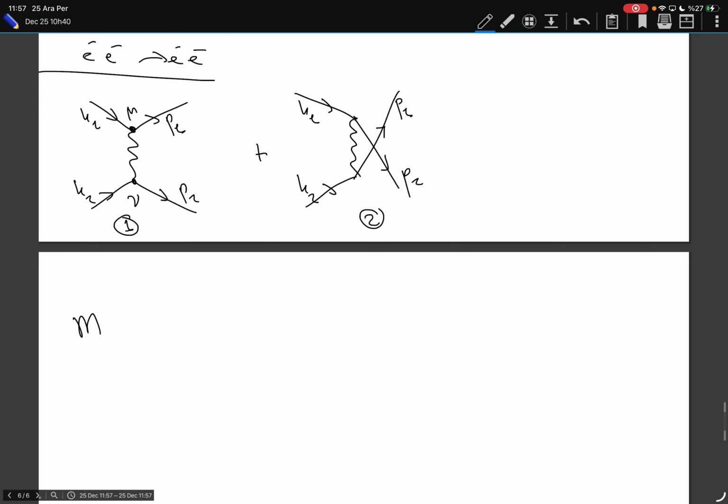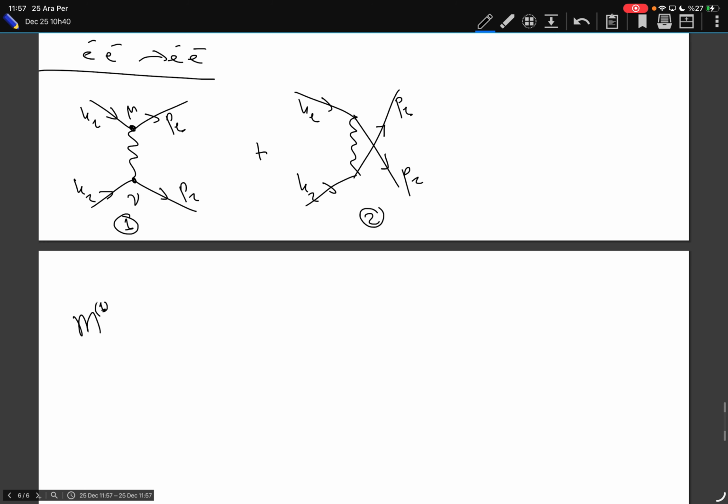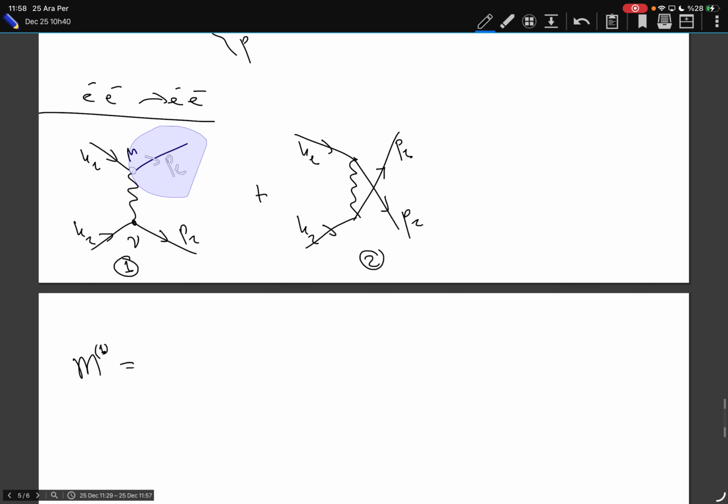The contribution to M from the first diagram will be, well, I have two fermion lines. I should start from the end of each fermion line and trace back. So I have an outgoing electron. So that has U bar P1, lambda 1. I have this vertex, IE gamma mu, and I have an incoming electron, U of K1, eta 1. These are the factors corresponding to this fermion line.